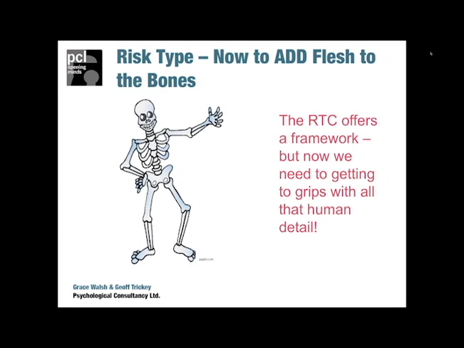We now need to add the flesh, and the flesh is to do with what other aspects in the complex nature of the human beings in this group are going to be significant, and how will the dynamics work out, and to what extent will the normal risk contributions be distorted by perhaps experience or age or authority or seniority in the group or whatever. So we've got the framework, now we've got to see how does that translate into human detail within our group.